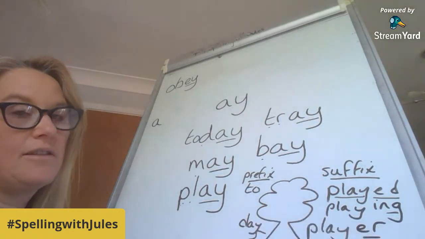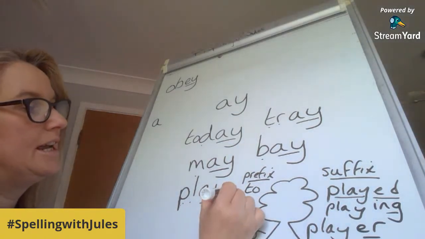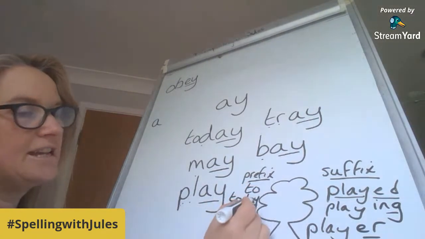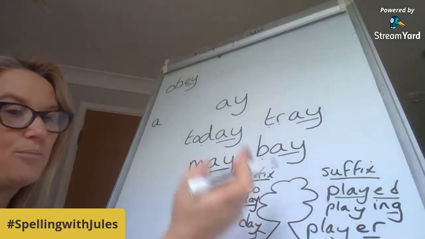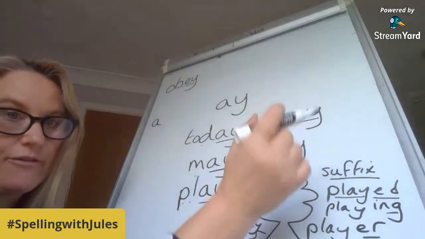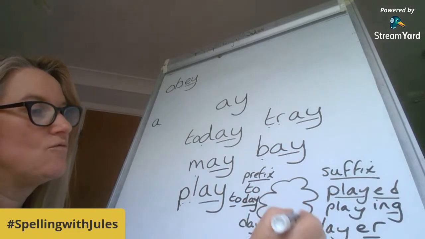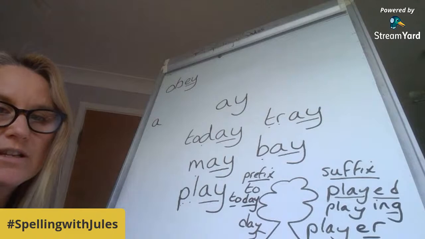So er is another suffix you can use. Whereas today has day as the root word, and then to as the prefix. So the bit at the beginning goes at the front, and the suffix goes at the end, and then your root word goes in the middle, the main part. All right, we're going to do a bit more on that soon.